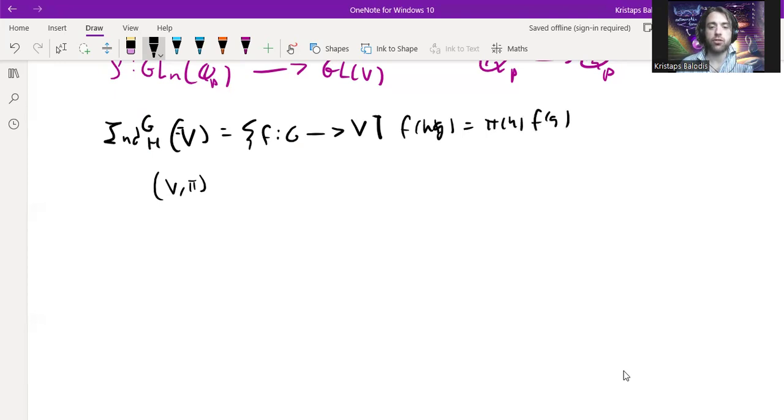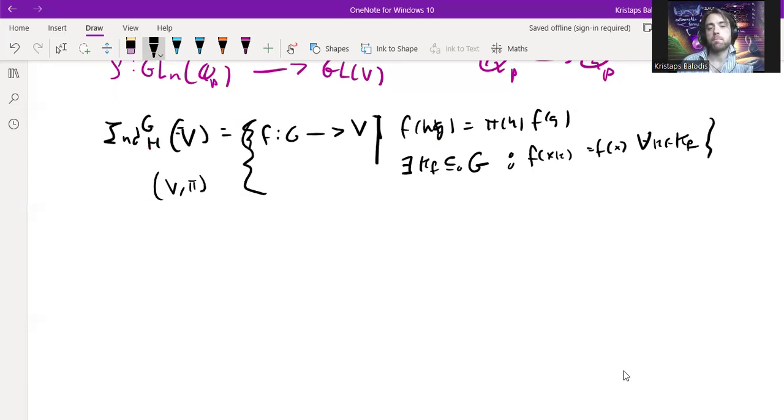And we tossed in this condition that there existed some open subgroup so that our function was right invariant under that subgroup. So that gave us some sort of topological modification to our definition. There's one other thing, and well, a couple other things.